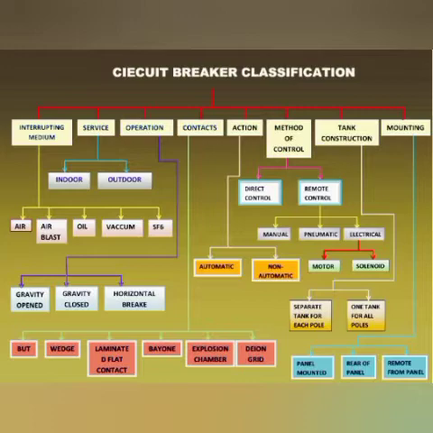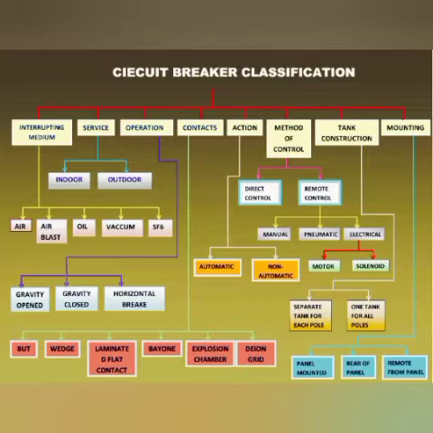Then the types or classification of circuit breakers. Normally, it is classified in various types by interrupting medium, service, operation, contacts, actions, method of control, tank construction, and mounting. Each has a variety of tabulations. Here I'm just simply explaining the interrupting mediums: air blast, oil, vacuum, SF6.